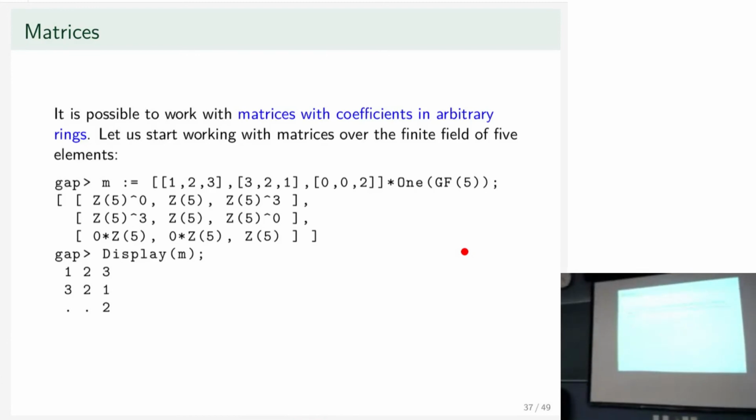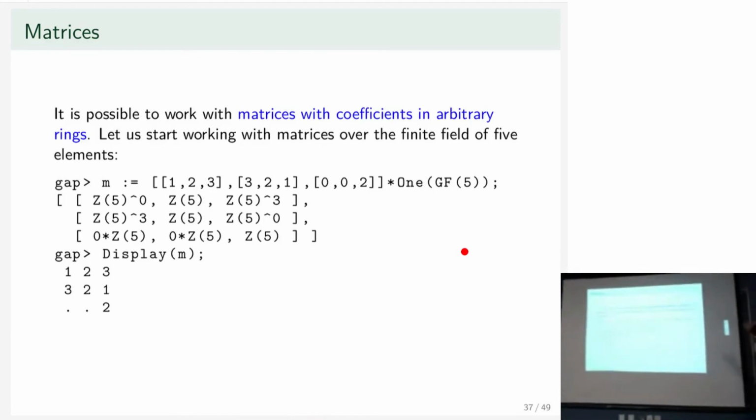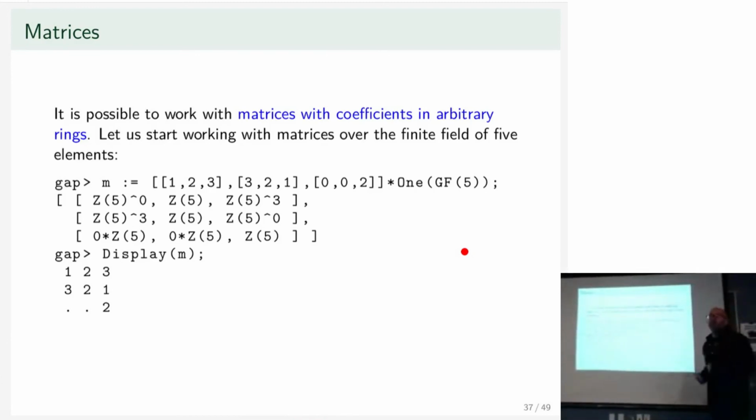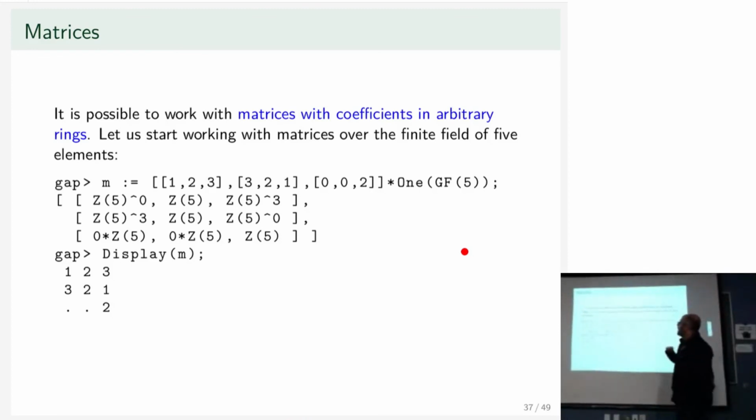So of course you can work with matrices with coefficients in arbitrary rings, right? So how can you do that? Say that I have this matrix. I write this. But then I want to think that these are not integers, but elements in the finite field with 5 elements. How can you convert this matrix to a matrix like this?